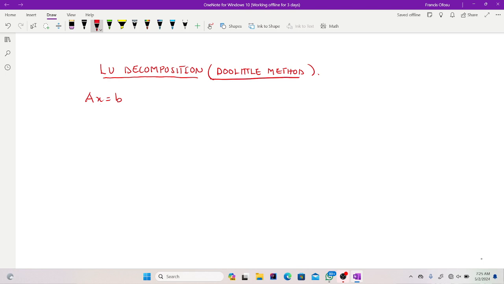Okay, so we want to solve this system of equations by converting A into an LU form, where the L is a lower triangular matrix, and the U is an upper triangular matrix.